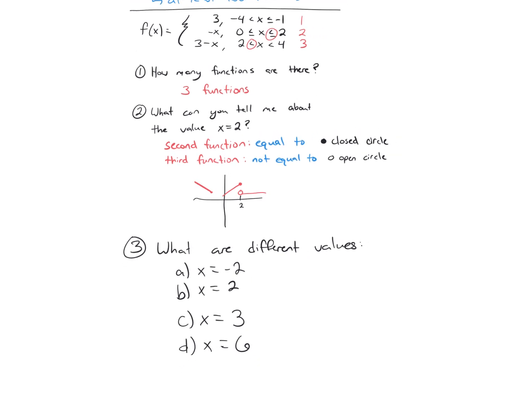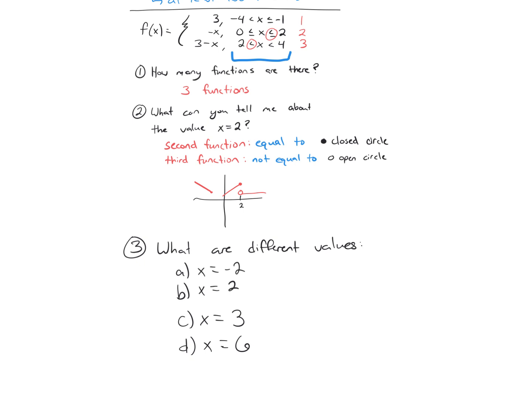Okay, if I'm looking at x equals -2, how do I determine what function it's in? I look at the intervals, right? To determine which function it's in, I'm looking at these 3 intervals. So I'm going to start at the top. Is -2 in between -4 and -1? Yes, so if your answer is yes, that's the function that you're in.